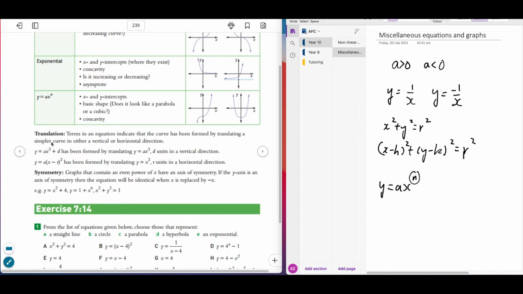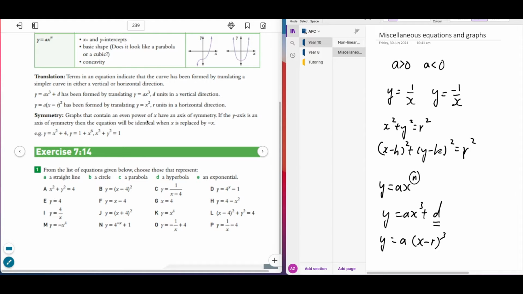If you have something in this form, y equals ax cubed plus d, if the number is on the outside, it means it's a shift either up or down. But if the number is on the inside, say y equals a(x minus r) cubed, you can see how the r is on the inside of the bracket rather than the outside. Then this is a horizontal shift. This is shifting to the right by r units.